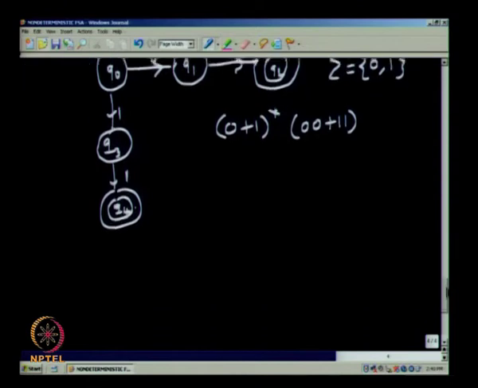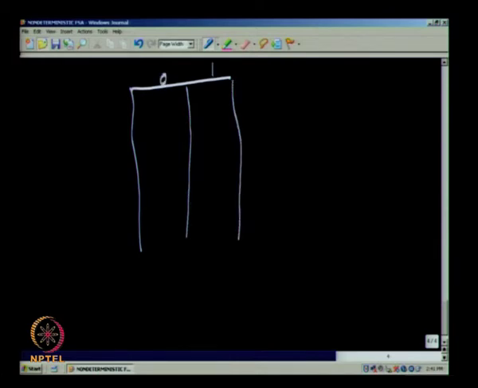Let me draw the state table for this. In this state table, there will be one column for each symbol and one row for each state.